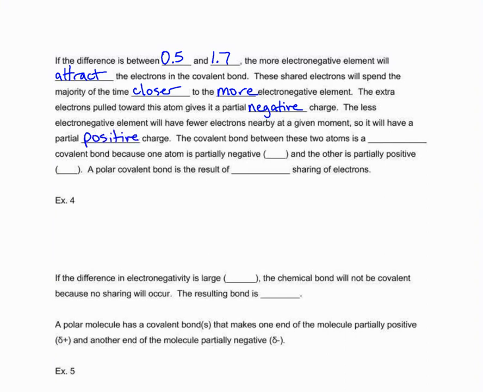And the covalent bond between these two atoms is called a polar covalent bond. Because one atom is partially negative, and we draw it like this, and the other one is partially positive.